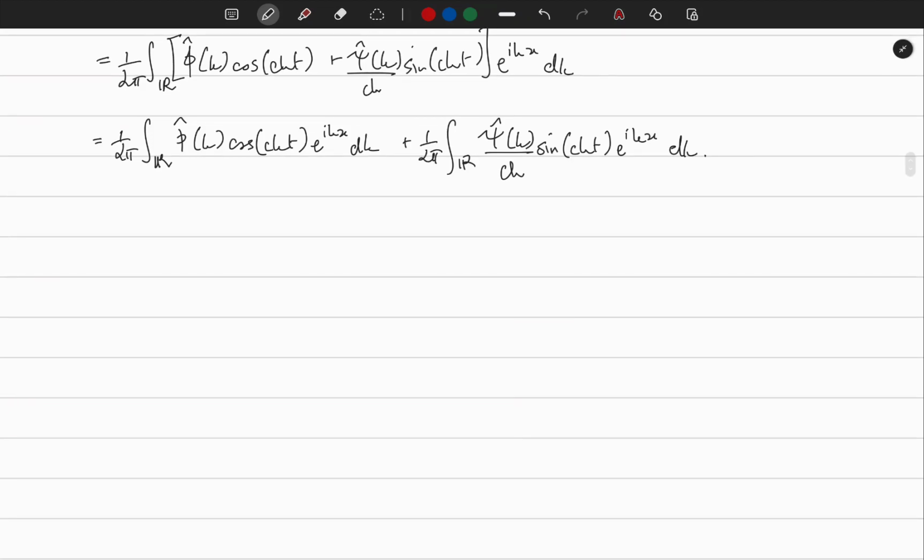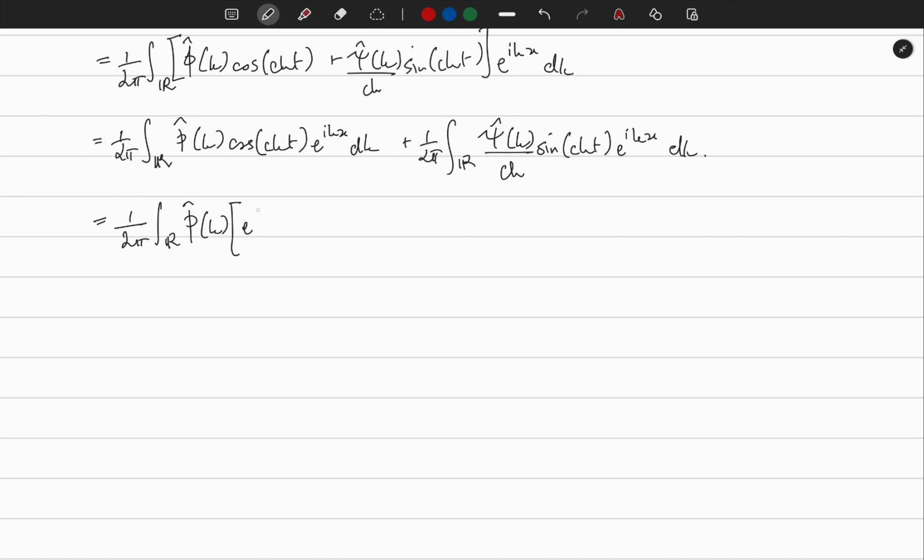Alright, so now we've hit a stopping point, but let's utilize the last item in our toolbox, which is to use the complex definitions of sine and cosine to help us degenerate our integral down to something more solvable. So doing so, we replace cosine and sine with their exponential definitions.